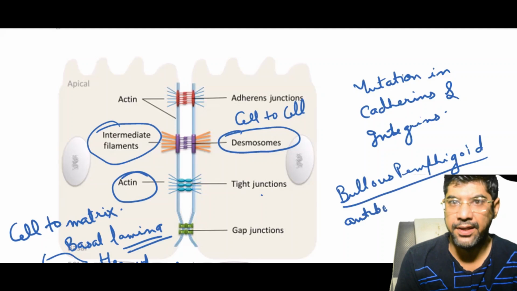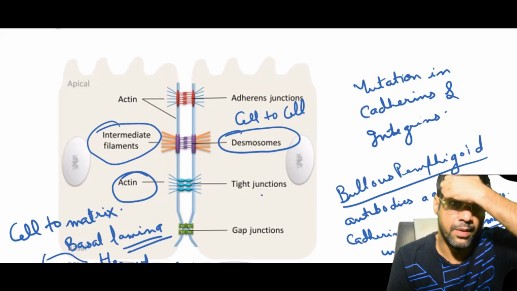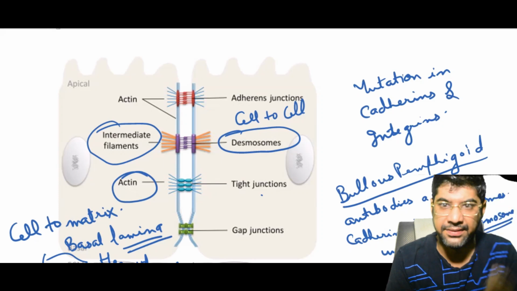Others are the cell adhesion molecules. They are proteins located on the cell surface, playing an important role in binding of cells to the neighboring cells or to the basal lamina. A type of cell adhesion molecule is the cadherins. Cadherins are cell adhesion molecules that form molecular connections between neighboring cells.